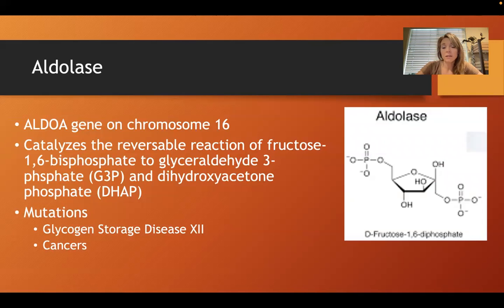Certain diseases have been seen to be associated with mutations. Mutations associated with aldolase include glycogen storage disease number 12, which is an autosomal recessive disorder associated with hemolytic anemia, and also multiple types of cancer, including lung, renal, and hepatocellular carcinoma.